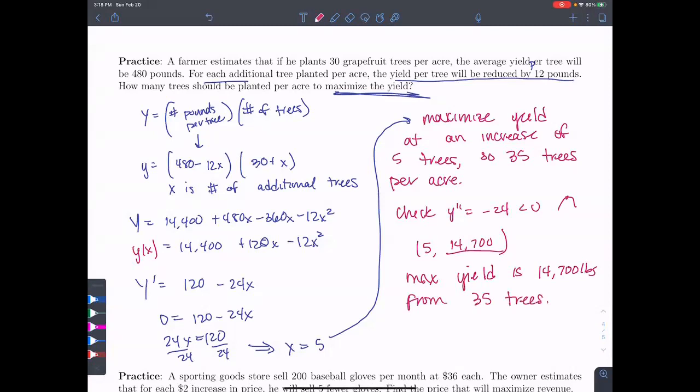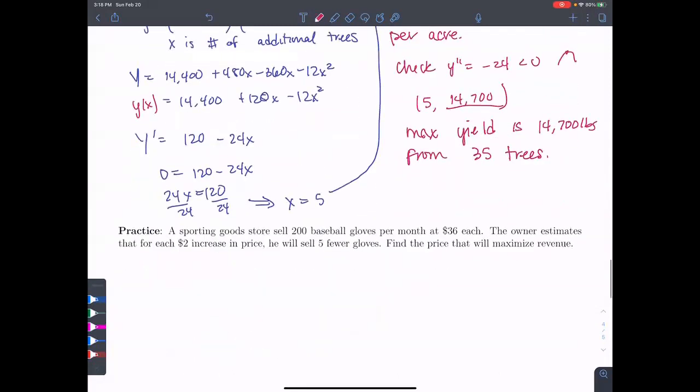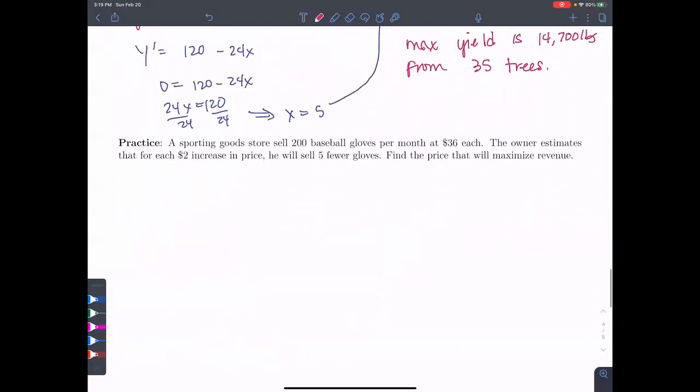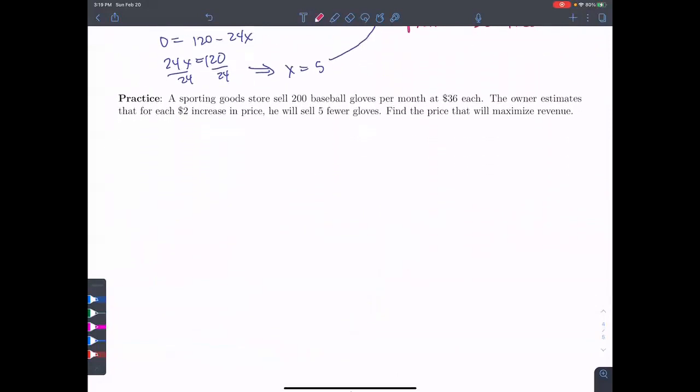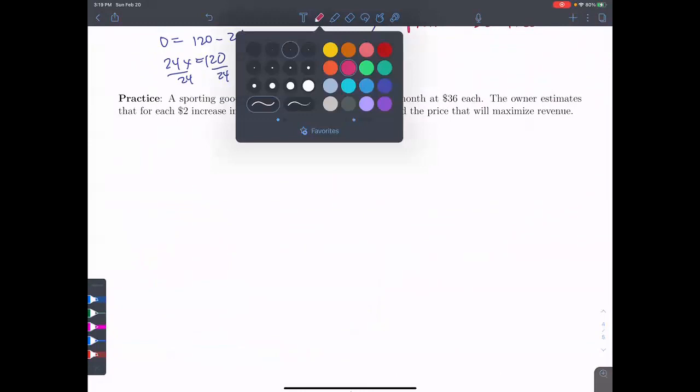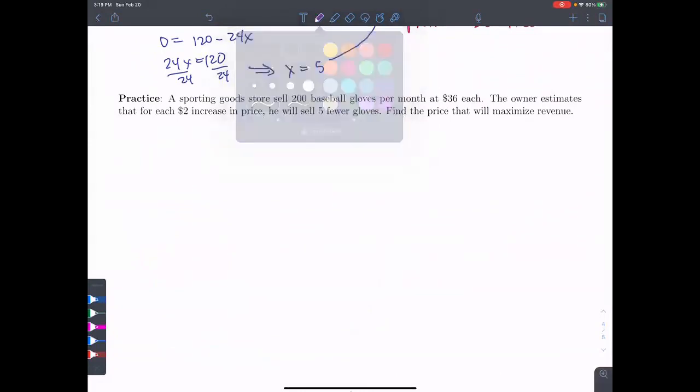All right. And last one, we have a sporting goods store that sells 200 baseball gloves per month at $36 each. The owner estimates for each $2 increase in price, he will sell 5 fewer gloves. Find the price that will maximize the revenue. Again, we need to know the revenue function.